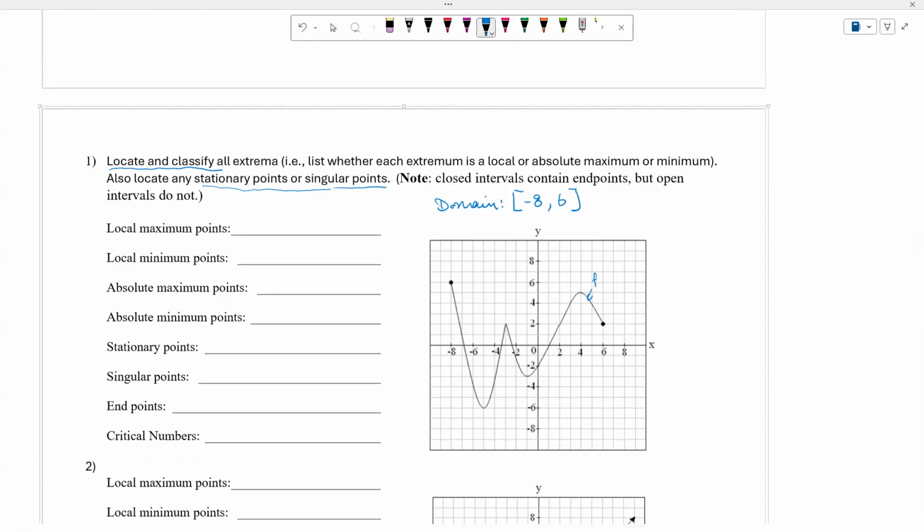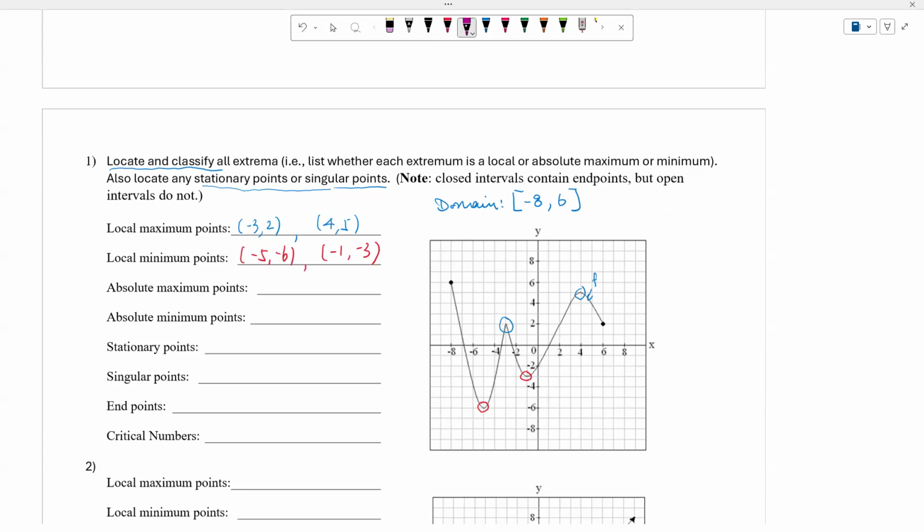First, I'm looking for the local maximum points. I see that these two are the local maximum points, which are (-3, 2) and (0, 4.5)? Now the local minimum points, I have two of them right here: (-5, -6) and (-1, -3).